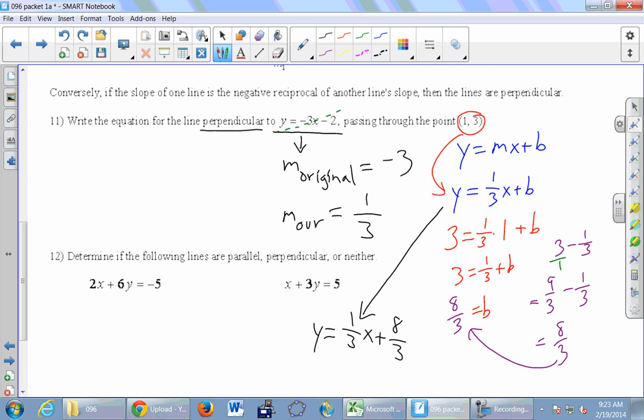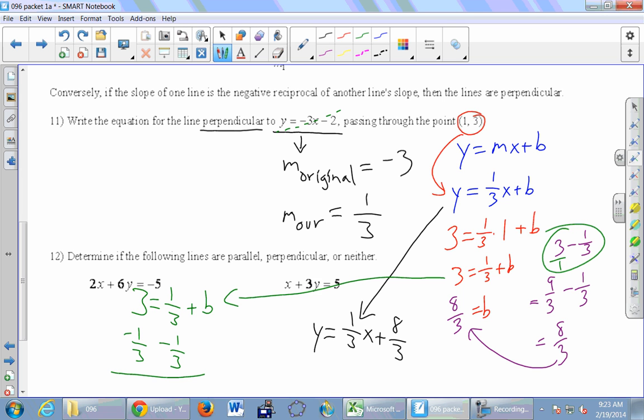Oh yeah, we're not moving the 3, we're moving the 1/3. So this guy right here. We need to solve for b, which means getting that 1/3 out of the way. And we do that by subtracting 1/3 from both sides. And that 3 minus 1/3 on the left-hand side is what we were interested in over here on the side. Okay. Other questions?